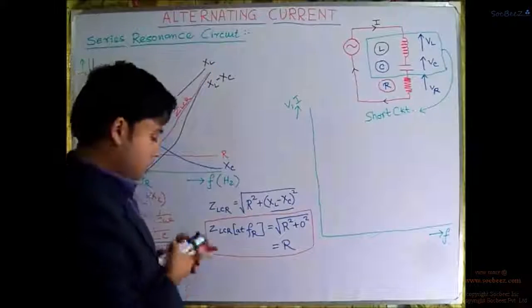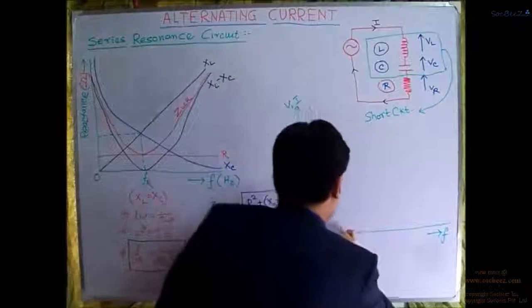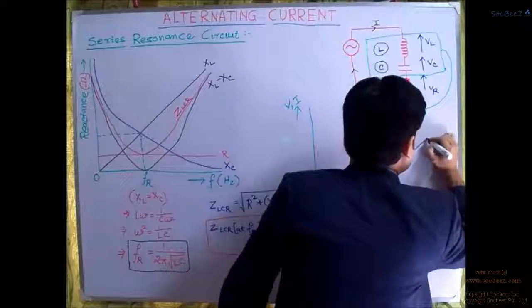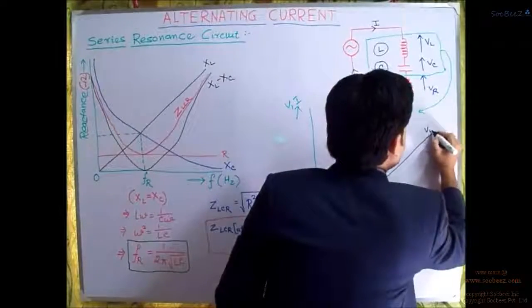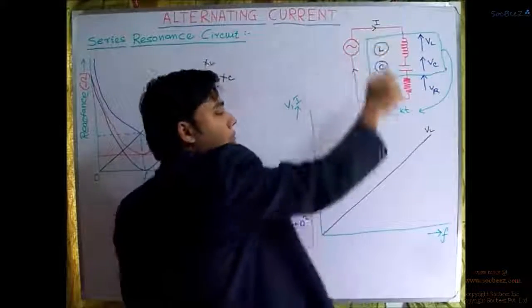Right? So we can make the VL graph as such. So this will be VL. We are denoting this L by this black line.